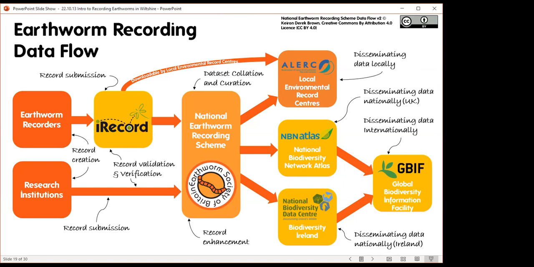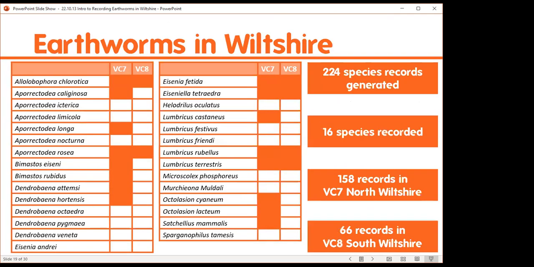And then those data sets are both shared globally through a portal called the Global Biodiversity Information Facility. So they're shared there alongside records from around the world, where they're used in research projects, etc. So we make sure that it's all used, and we actually won an award a few years ago for how open our data is as well, which is really great to get that recognition.